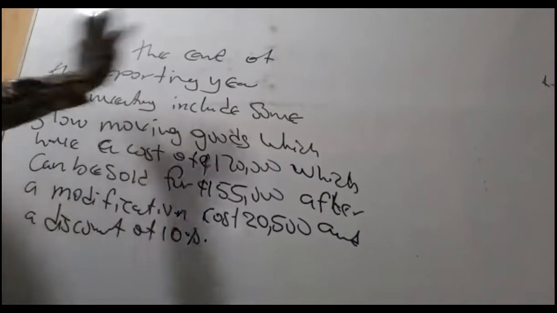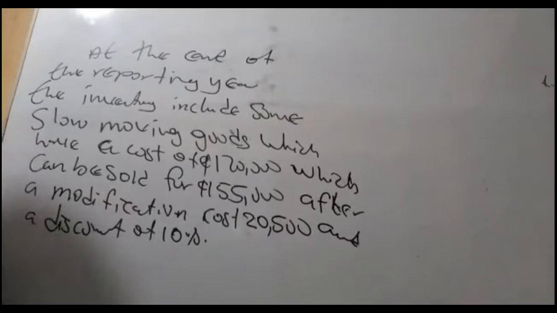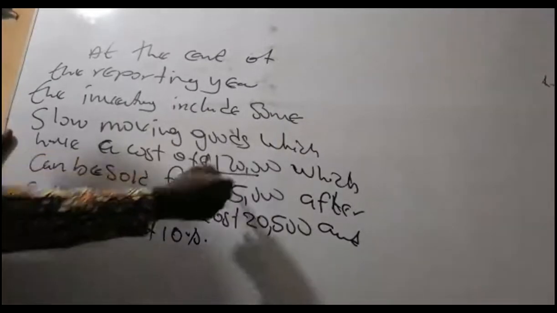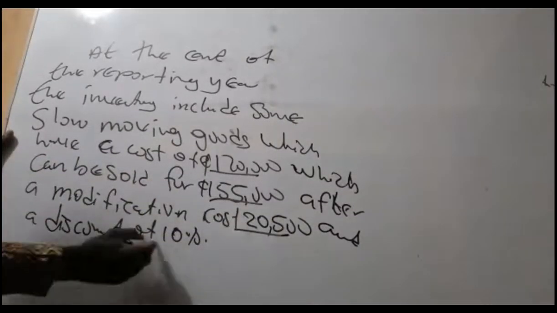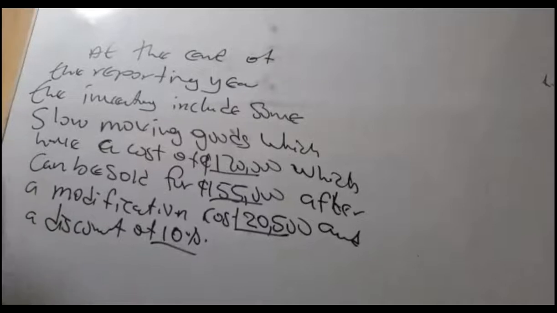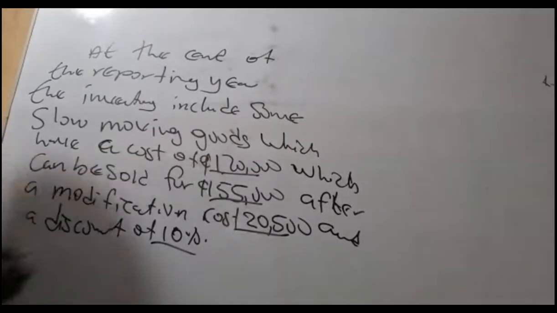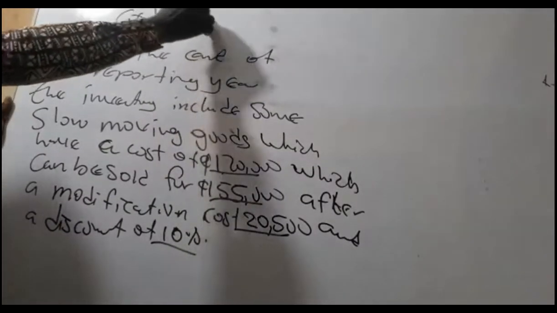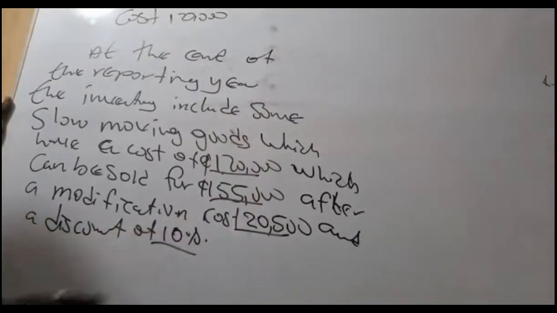So the question will be like this, Esther. All what they give you, please try and extract the relevant ones. The figures are 1, 2, 3, 4. There are 4 figures. The rest you don't need. So their cost is 120, so I'll just write their cost 120. I'm just summarizing the question.